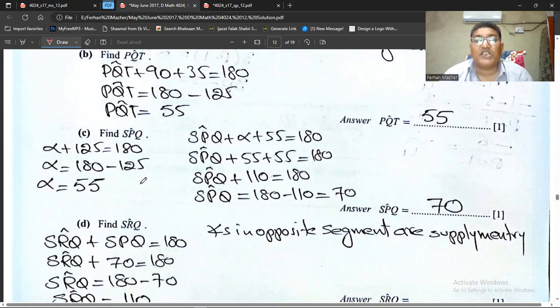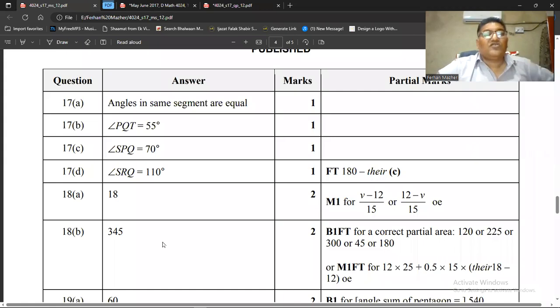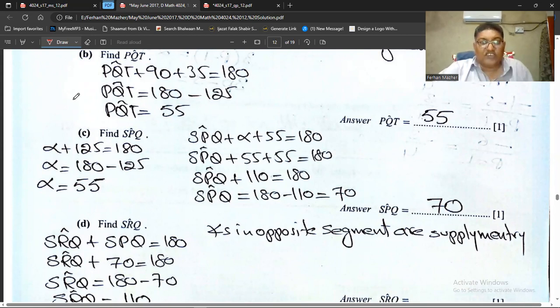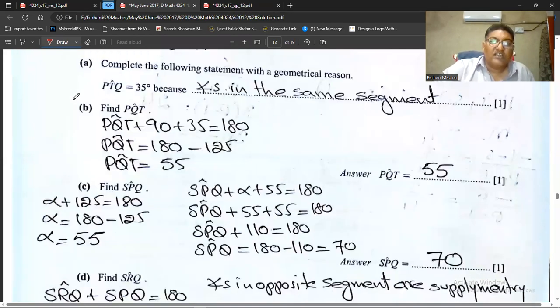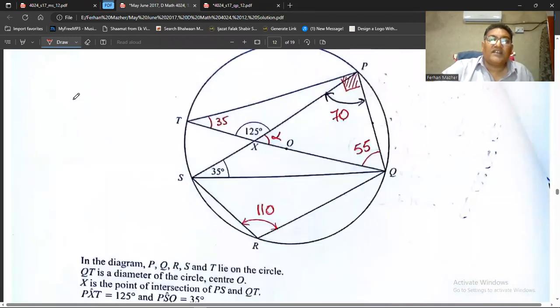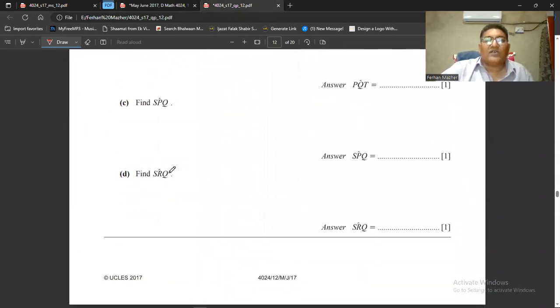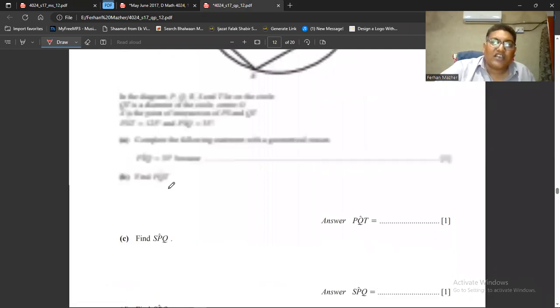So the angle SPQ is equal to 70 degrees. Our answer is right. You can pause the video if you want to see the C solution. So this is 70. Very simple, straightforward strategy.